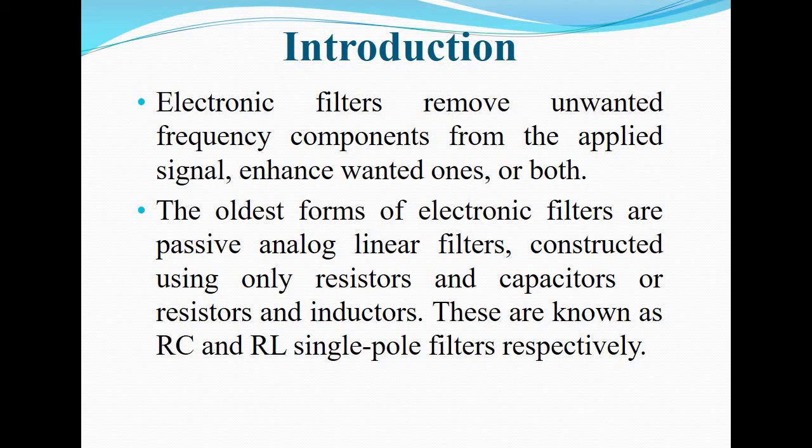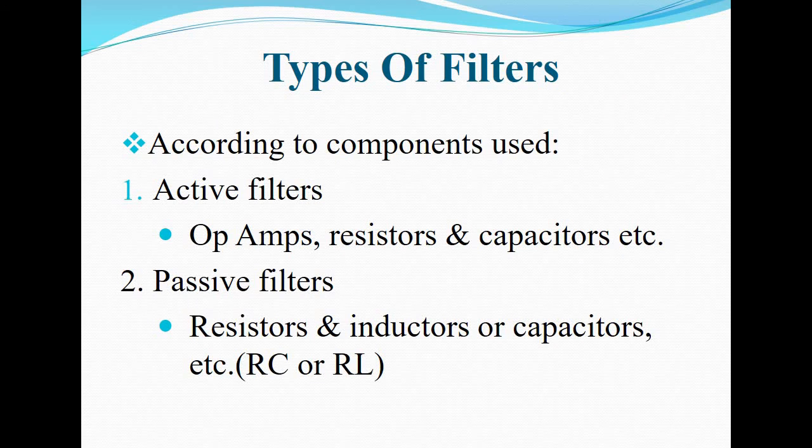Now the filters made by using resistor and capacitor are RC filters, and filters made by using resistor and inductor are called RL filters. Now there are various types of filter, so we can bifurcate them as active filters and passive filters.